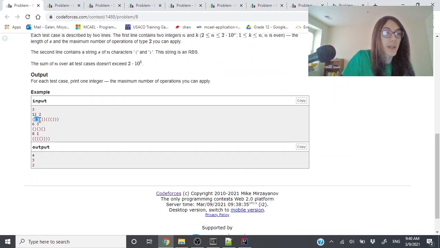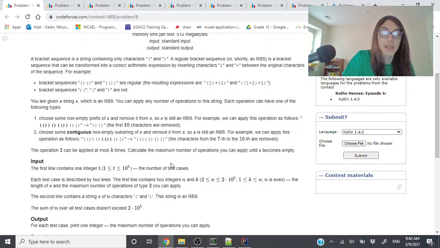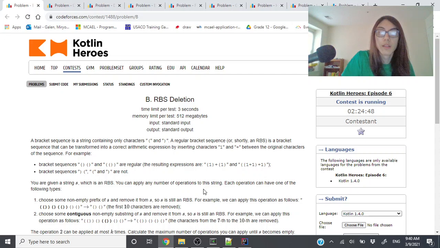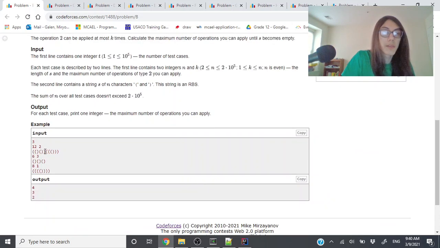So I guess every pair we can make, we would want to remove it with the second operation. Every pair inside this first big grouping we would want to remove.